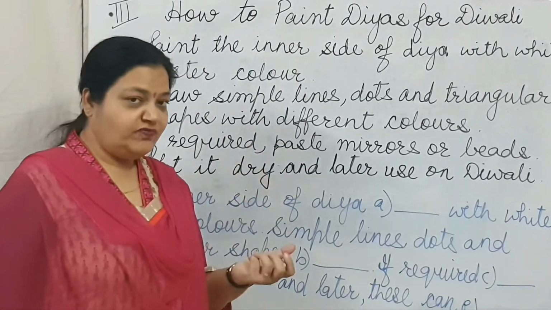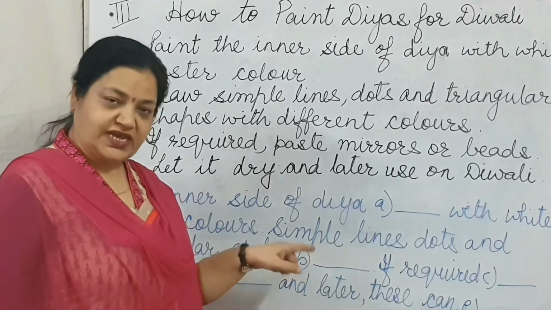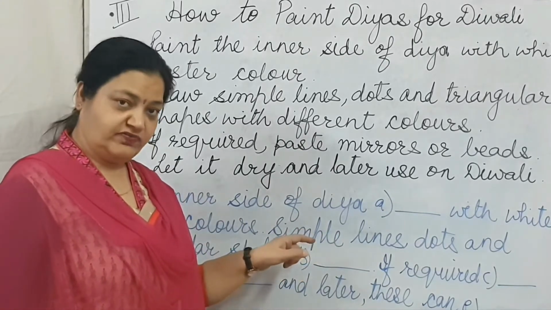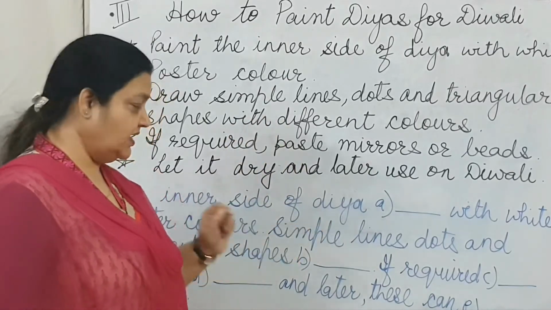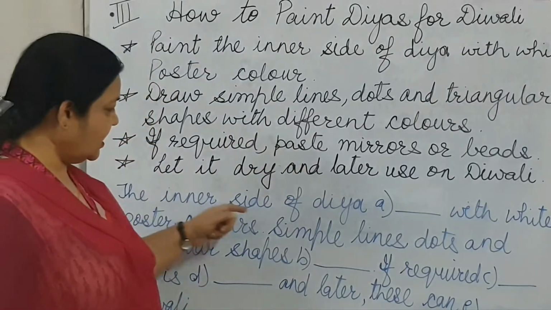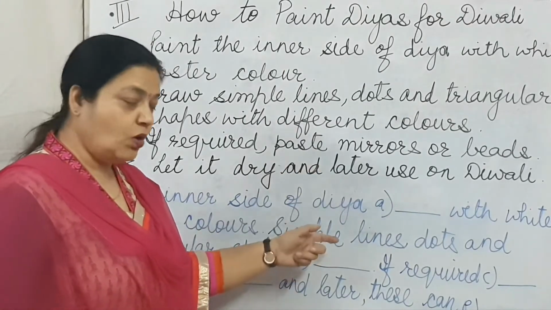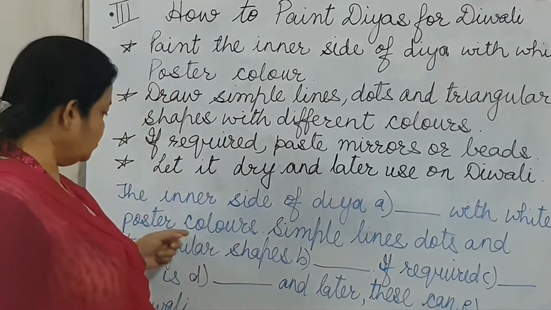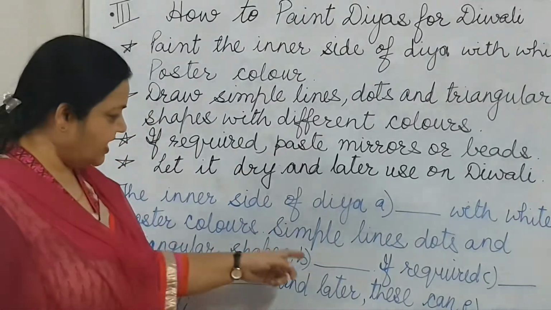Now, what we have to catch is, we have to read the paragraph and find out which tense is to be used in the paragraph. In which form the verb is to be changed. Let us see. The inner side of diya doesn't give us a hint. So we read on. With white poster color. Simple lines, dots and triangular shape dash.